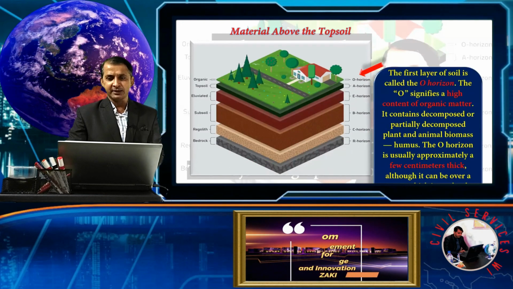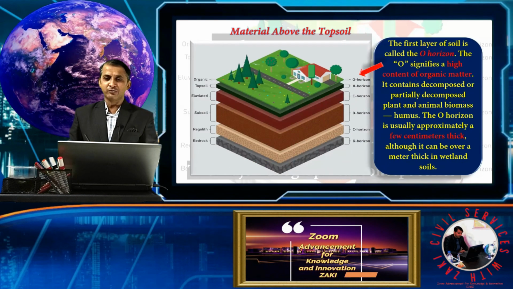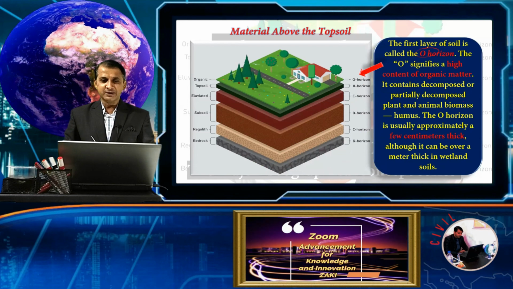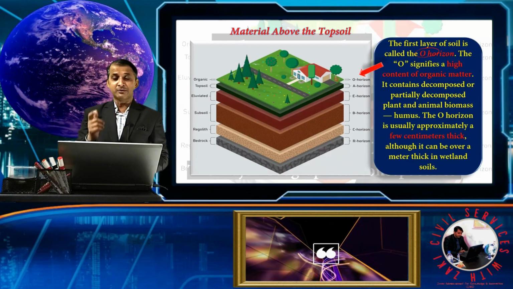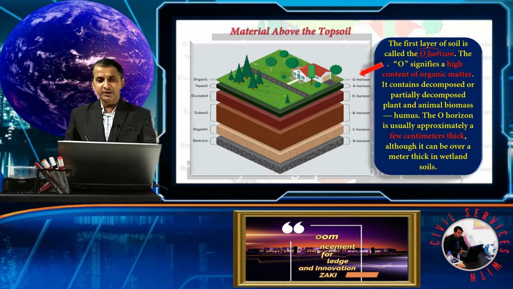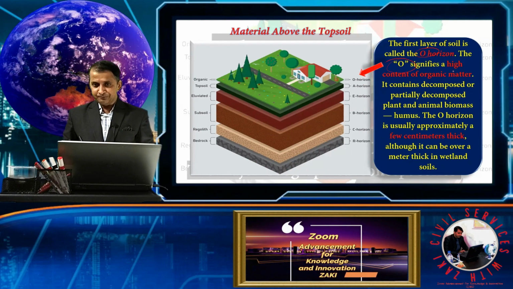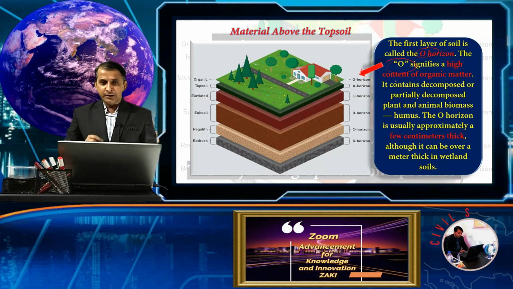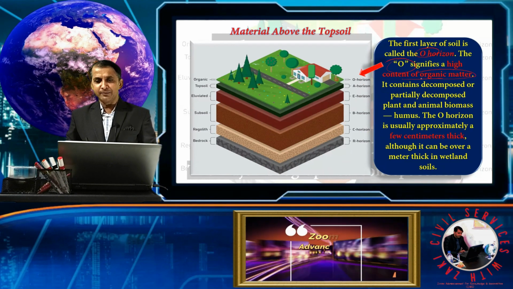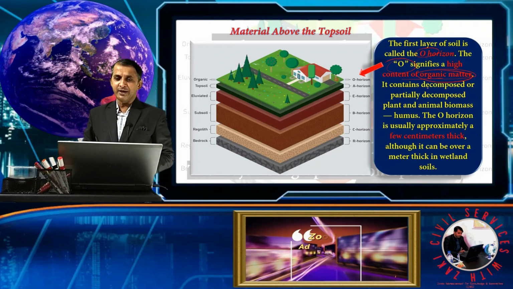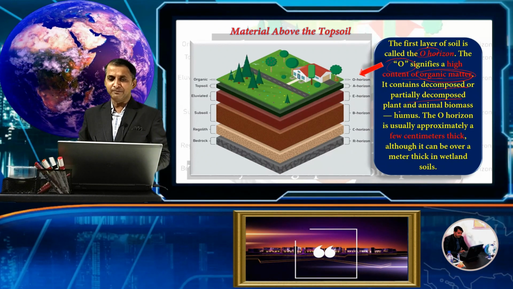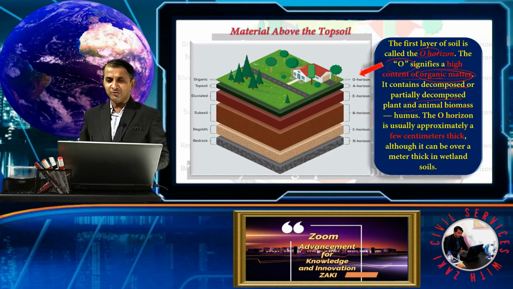So the first layer of the soil is the O horizon. Basically this is mixed with organic matter, so that's why it is called the O horizon. O signifies the content of organic matter. So here O means organic matter. It contains decomposed or partially decomposed plant and animal biomass, humus.